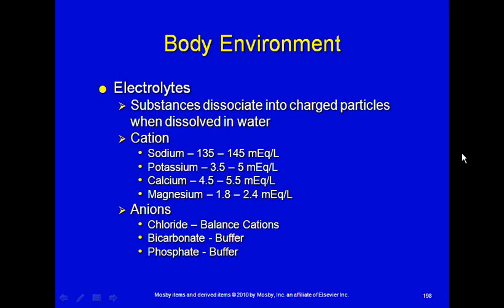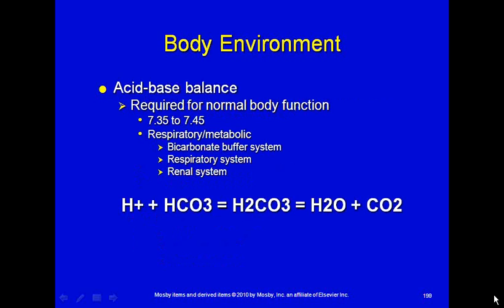Now when I look at acid-base balance, that's the next slide. There we go. Acid-base balance is extremely important: maintaining a correct ratio of acids to bases inside your bloodstream in order for normal body function to occur.